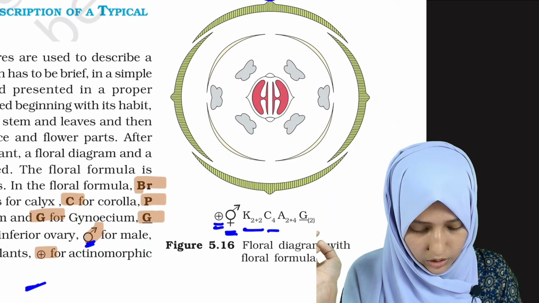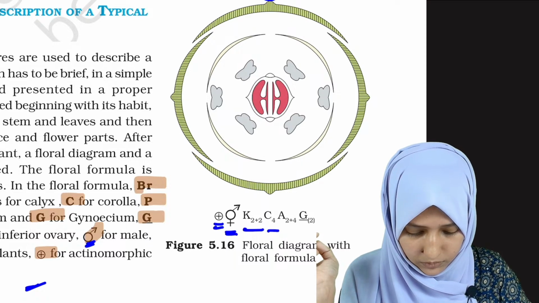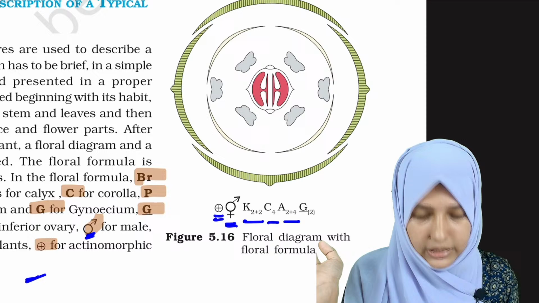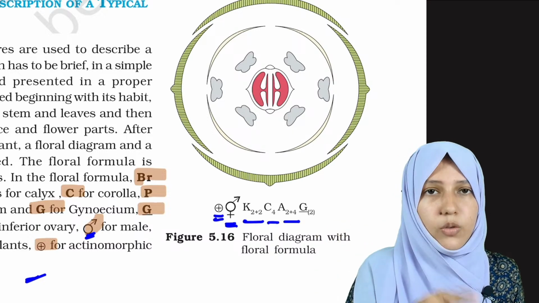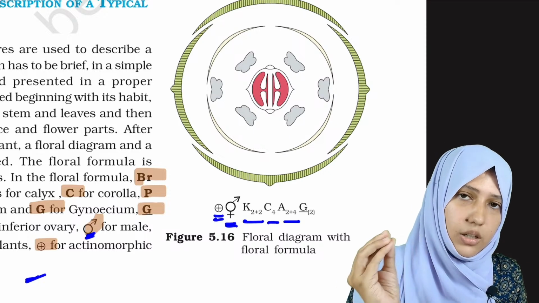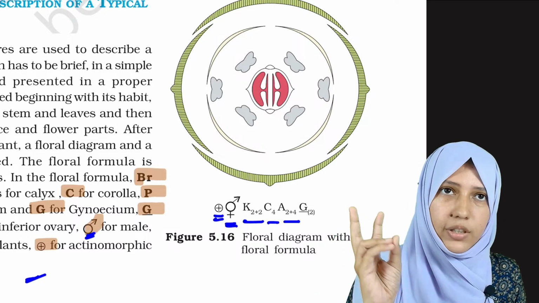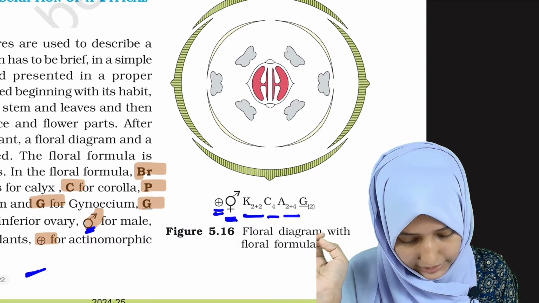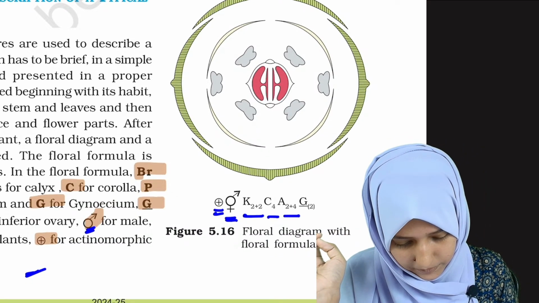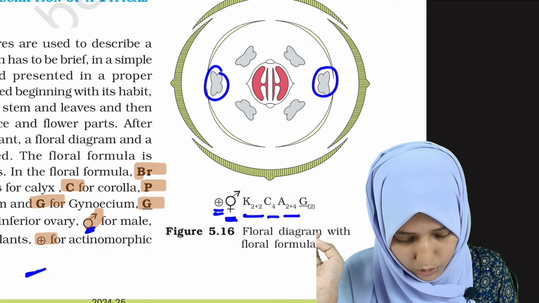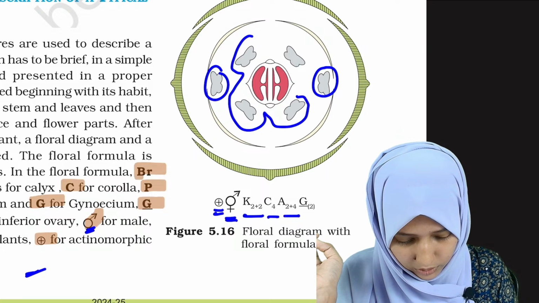Then the corolla is 4 and it has valvate arrangement. Then the next one is the androecium. The androecium is 2 plus 4, which means there will be 2 bundles of stamens. Clear? Now the gynoecium. See, this is the androecium, 1, 2, and this is the other 4.